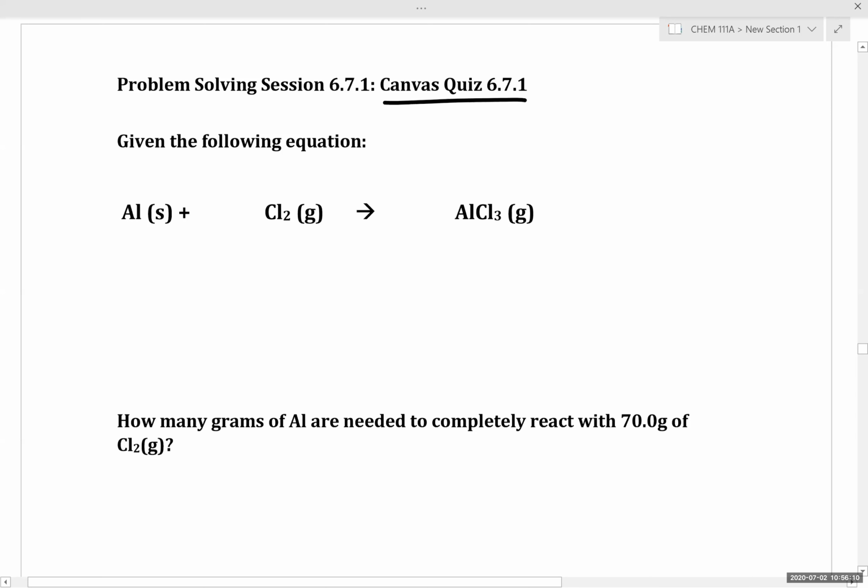And we'll discuss the balanced equation in about another 1 to 2 minutes.